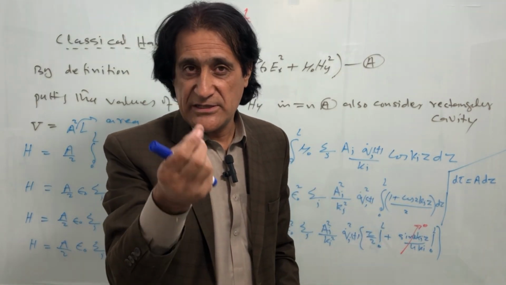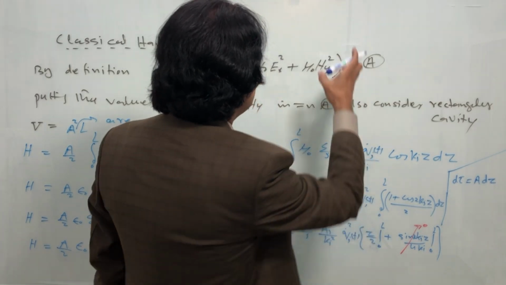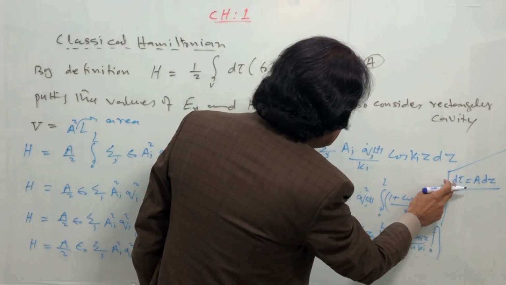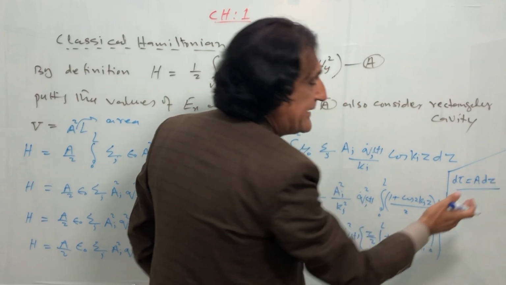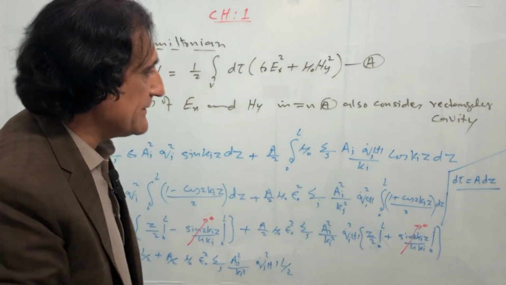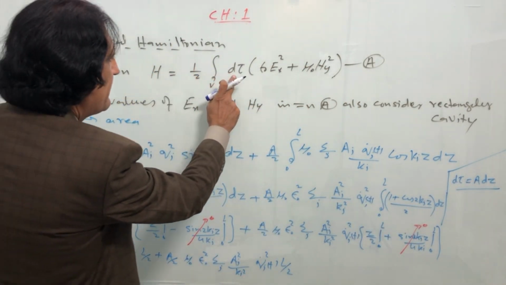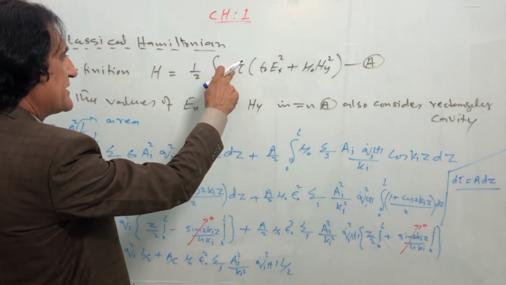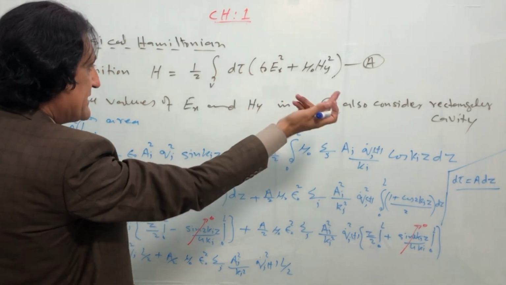If we consider the rectangular cavity, then d tau, which I have already defined, is equal to the area times the length dz. So we can consider d tau equal to a and dz.